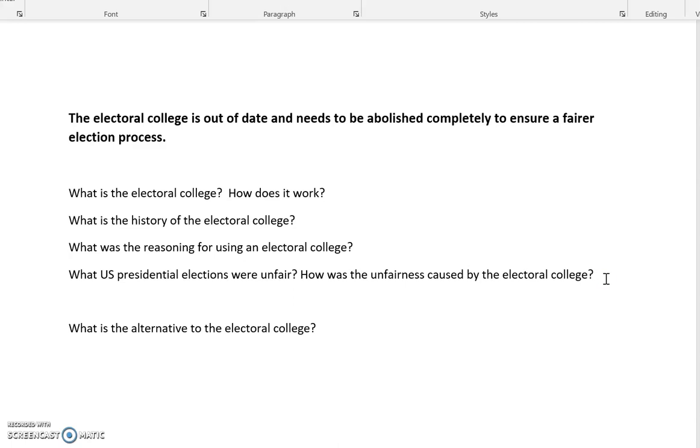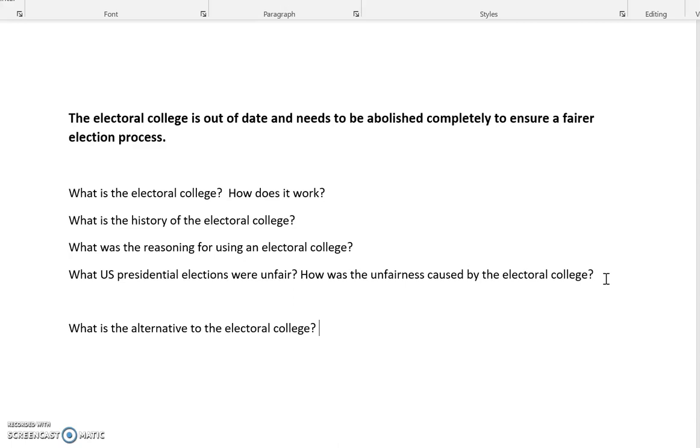But if you do a little bit of research on this topic, you'll find that recently, I think it's called the Interstate Election Pact or something like that. There are some states that are trying to effectively do away with the Electoral College by getting around a constitutional amendment.